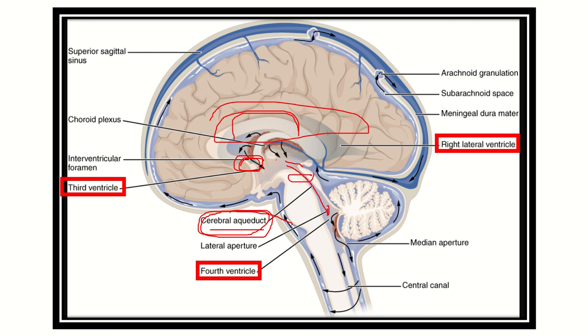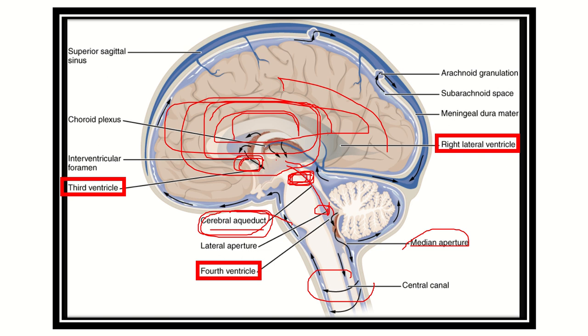Finally, from the fourth ventricle there is the medial aperture, which is the foramen of Magendie, and the lateral aperture, which is the foramen of Luschka. It goes to the subarachnoid space around the spinal cord and also the brain.